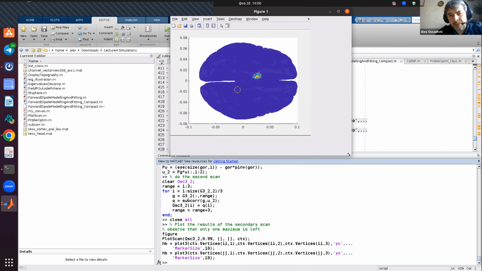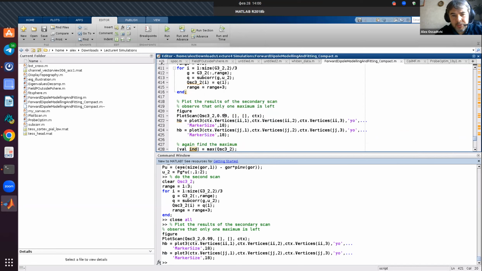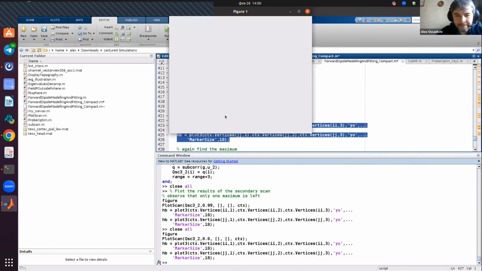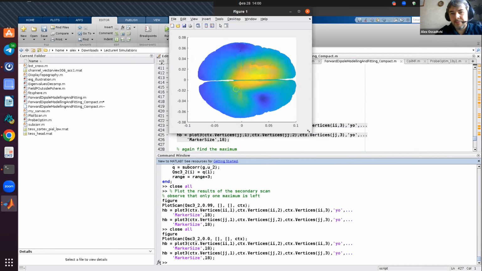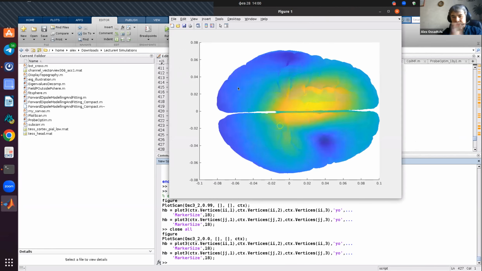Okay, that's the scan. Only the second one is, if you want to see how it is without the thresholding, let's see how it is without the thresholding. Here, okay. So it's gone almost completely from this first source, because we removed it from the data.